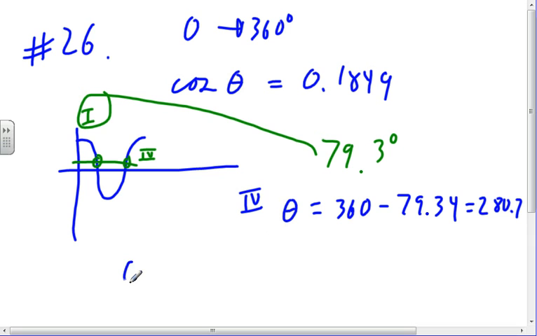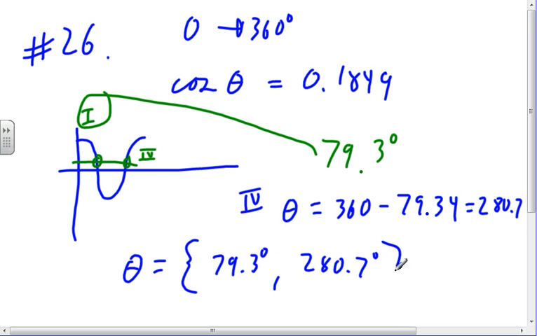And then I'm going to say, okay, theta equals solution set, 79.3, 280.7. And then I'm going to just put it back in my calculator and see if it's true. So I'm going to go cosine of my answer, and I get 0.1849.